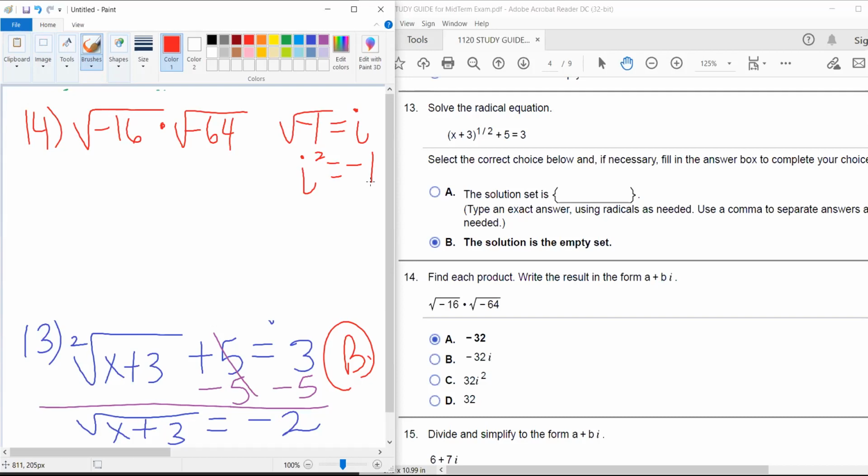Now the square root of -16 we can break down as 16 times -1. The square root of 16 is 4. And the square root of -1 is I for imaginary.